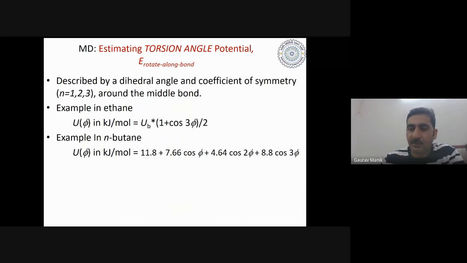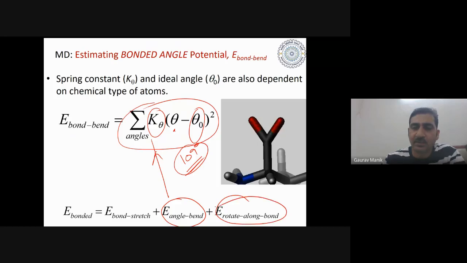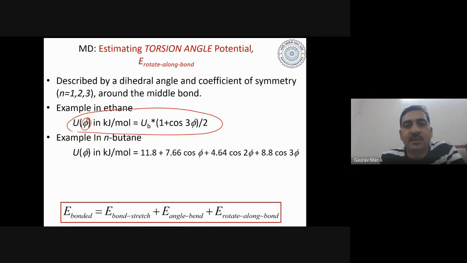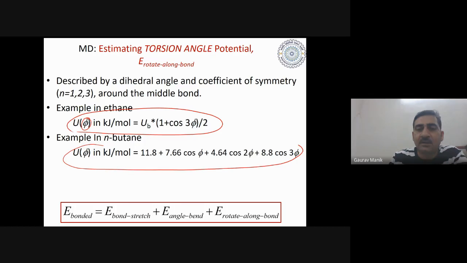The other one is the rotation along the bonds potential, and in this case, people have proposed, if it represents a kind of torsion value, this has been represented, for example in ethane, by this equation. In butane, people have represented it in a different way.